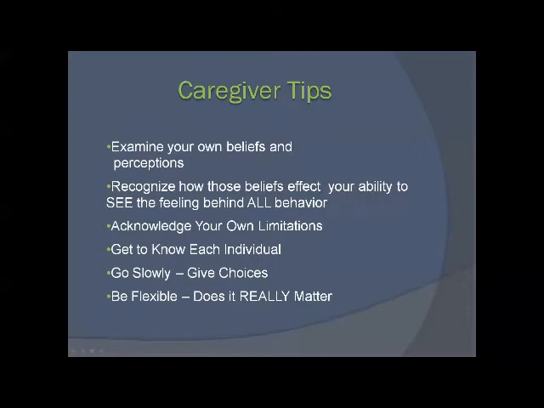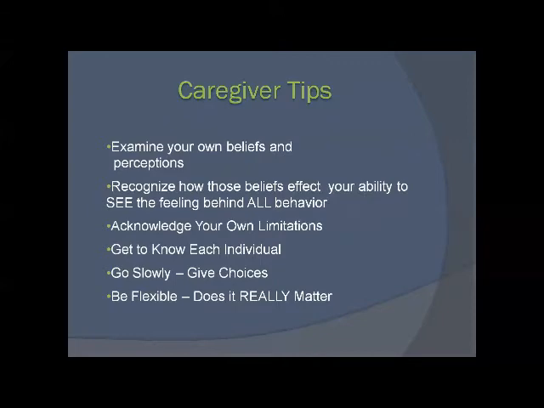Acknowledge your own limitations. It can be stressful when you don't understand and you're trying to understand, but your anxiety rolls over to the person with dementia. Get to know each individual as the special human being they are.